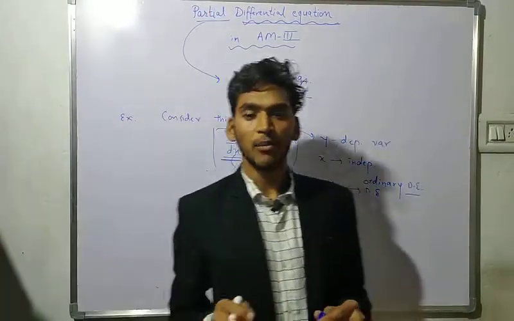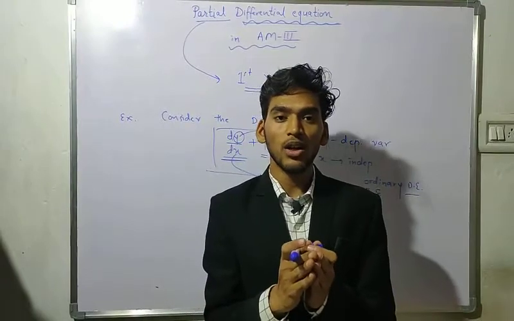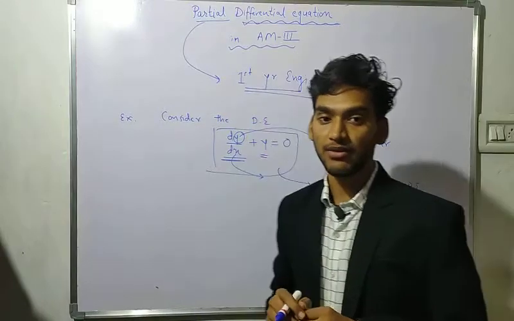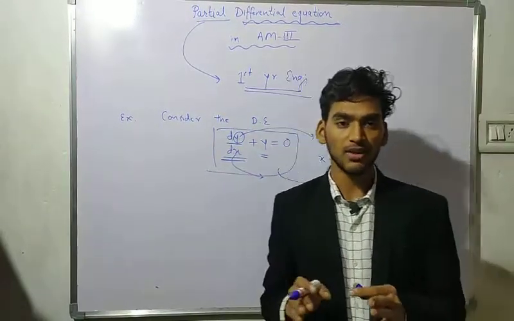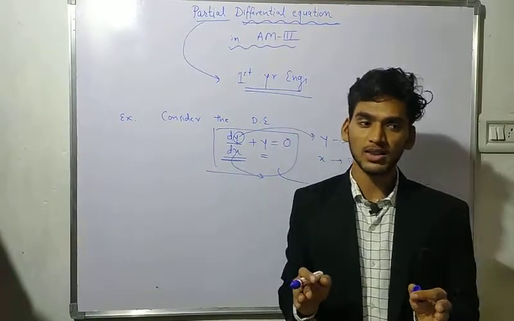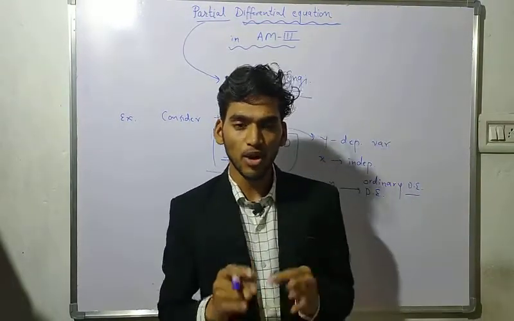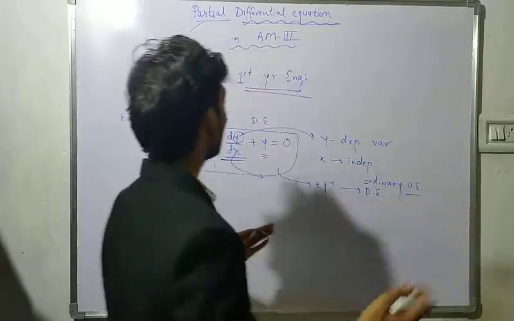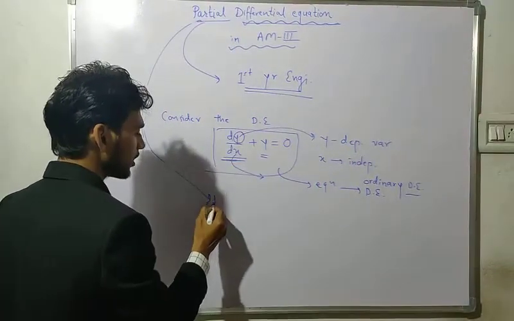In real life, the maximum of physical problems can be easily modeled into a simple ordinary differential equation. But in the real physical world there are lots of problems with different conditions, and for those we need a more important differential equation known as partial differential equation.